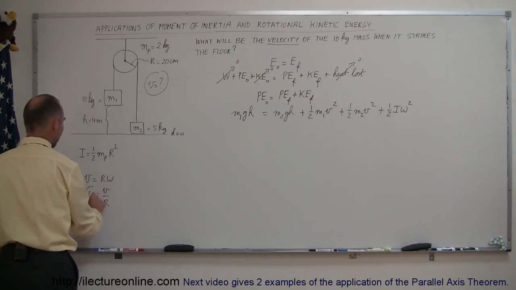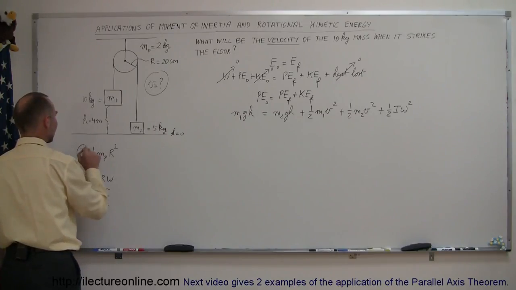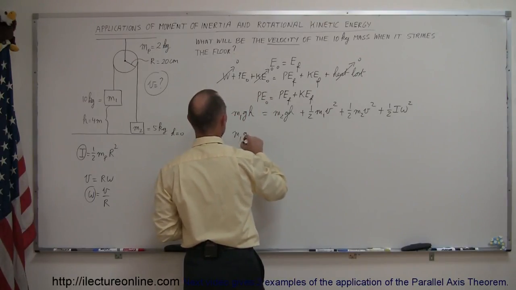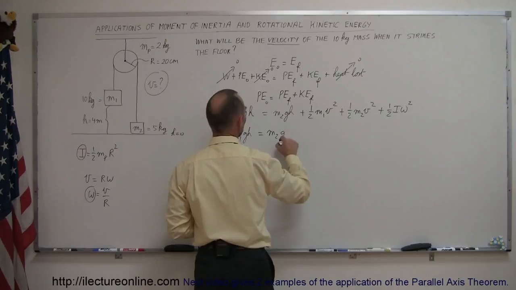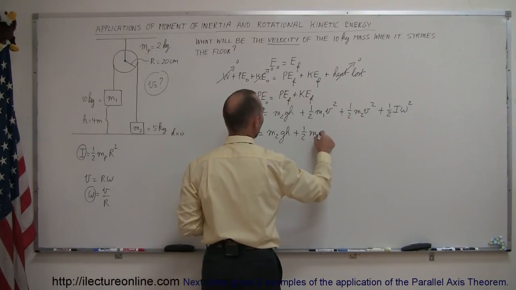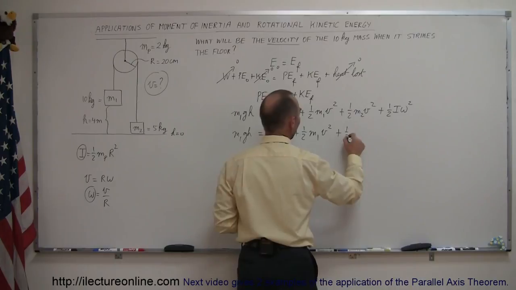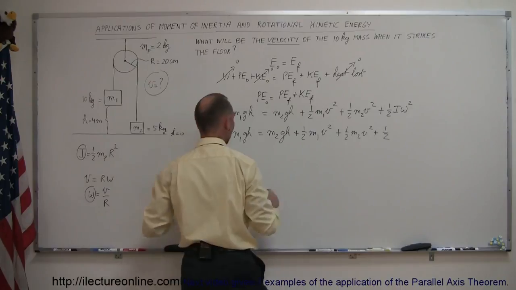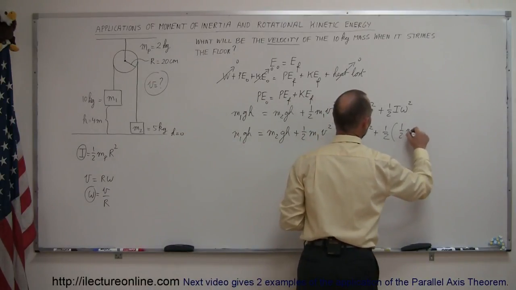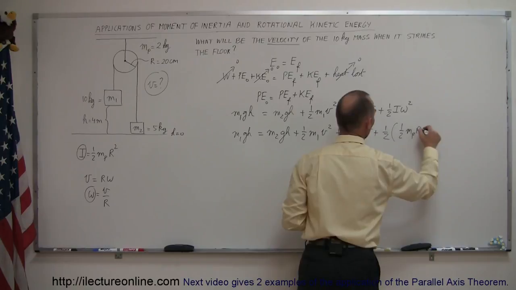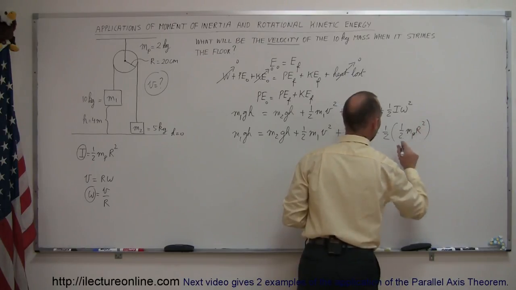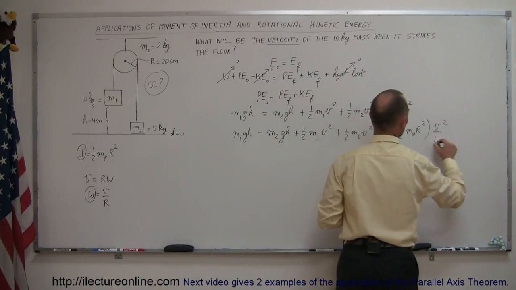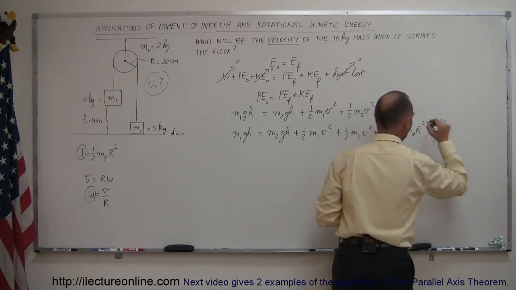So replacing omega by v over r, and replacing I by 1/2 mp r squared, this equation now becomes m1gh equals m2gh plus 1/2 m1 v squared plus 1/2 m2 v squared plus 1/2 times, instead of I, we're going to write 1/2 mass of the pulley times the radius of the pulley squared. That's the moment of inertia of the pulley, times omega squared, which is v squared over r squared.